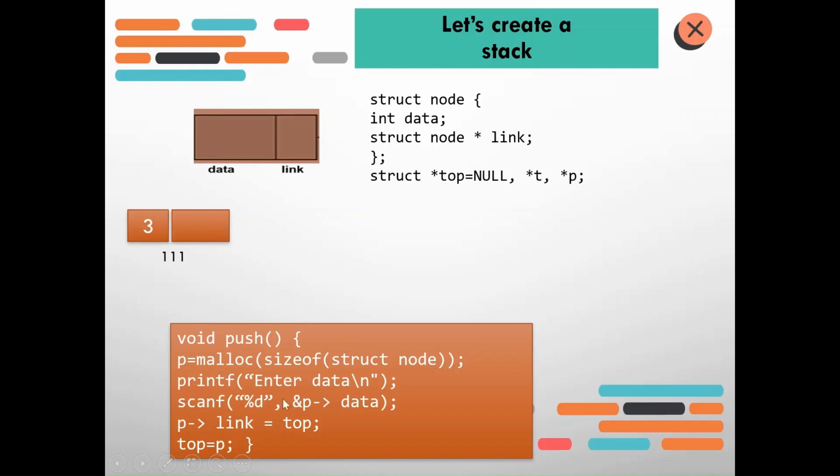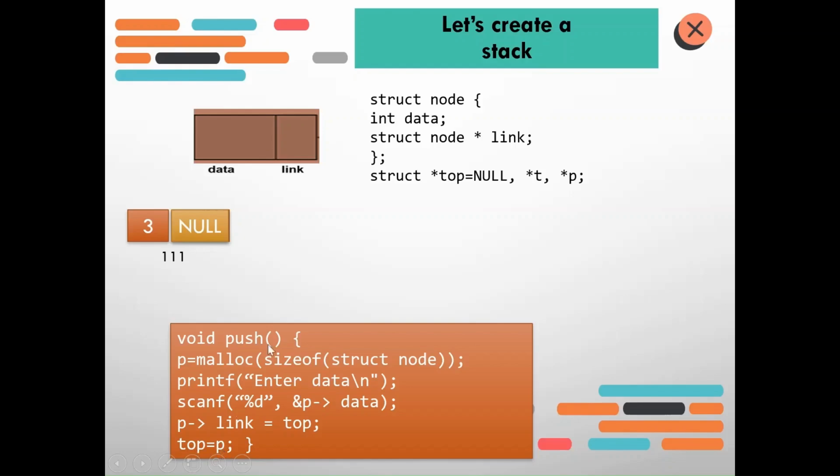So that 3 would be assigned to this data part. All right. To the link part, what would be assigned? Top. What is top? Null. So null would be assigned to this portion. Remember, P is 111 in this case. So this last statement, top is equal to P, means that my top value would be equal to 111.